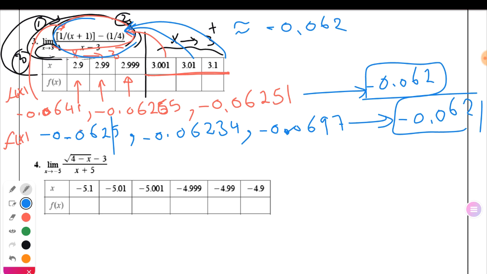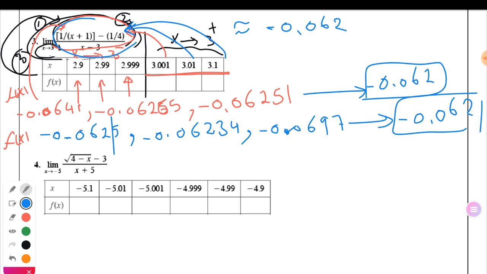Just complete the table, round all of the values or find the approximation, all of them approximately close to each value of y. If the function approaches the same value from both sides, this means the limit exists and it will be like them. I hope you understand.